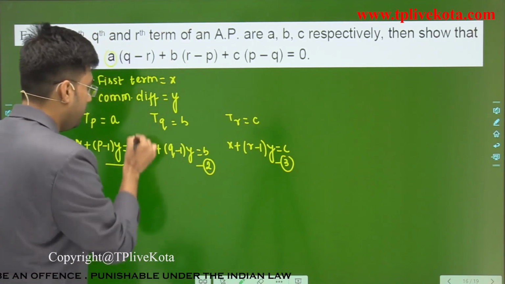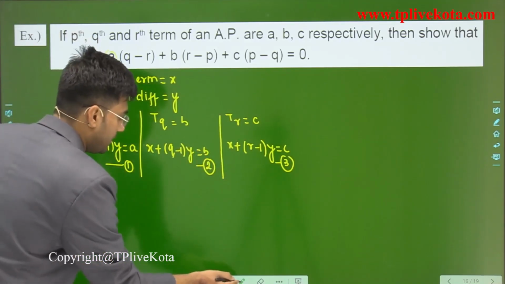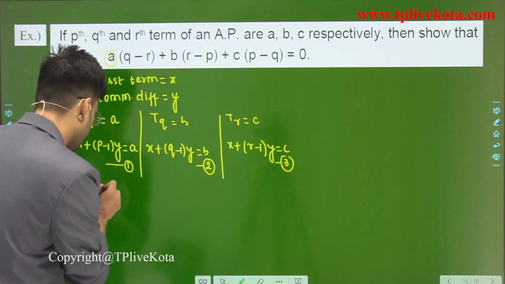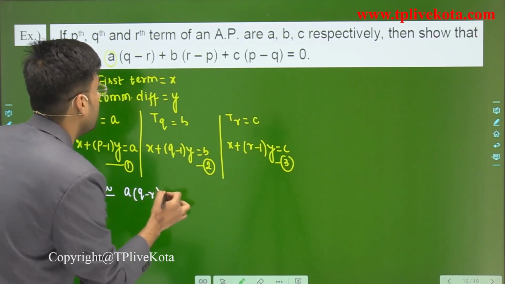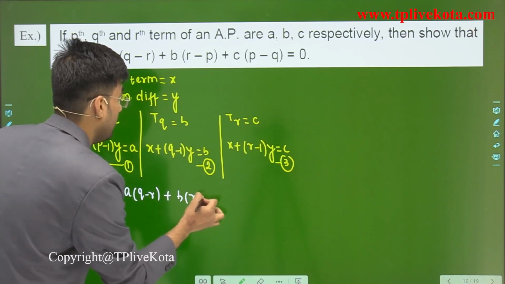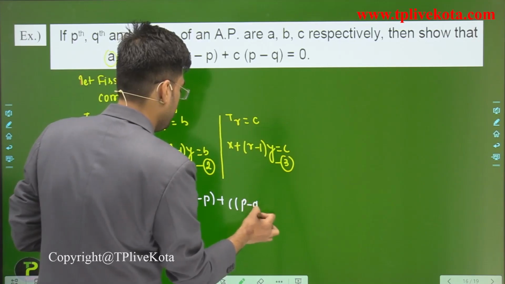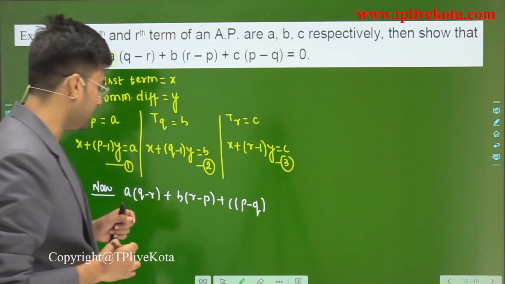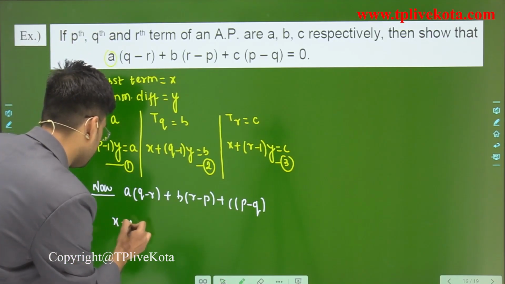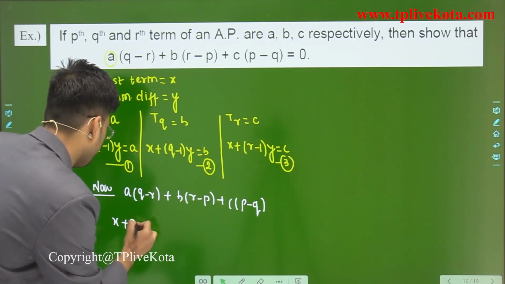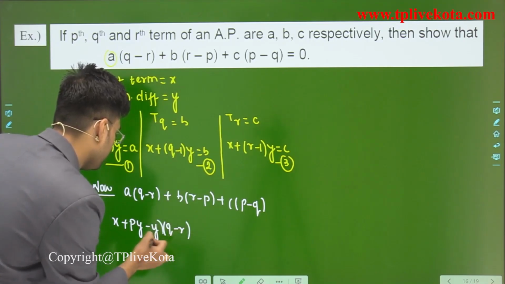Now students, what do we have to prove here? We have to prove that A multiplied by (Q minus R) plus B multiplied by (R minus P) plus C multiplied by (P minus Q). We have to find the value of this expression. Let's replace A: it is (x plus Py minus y) multiplied by (Q minus R).